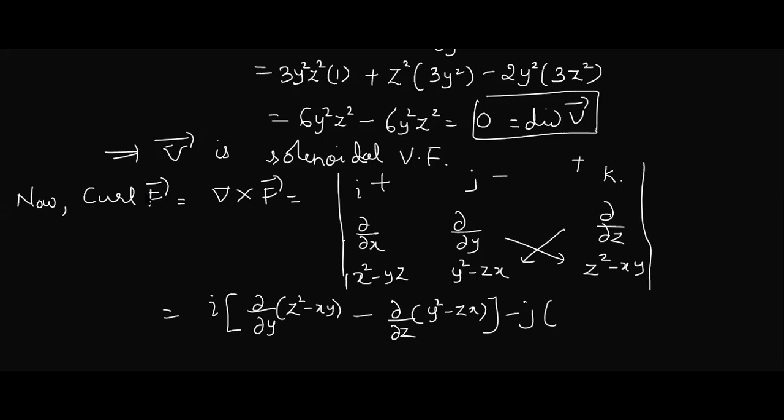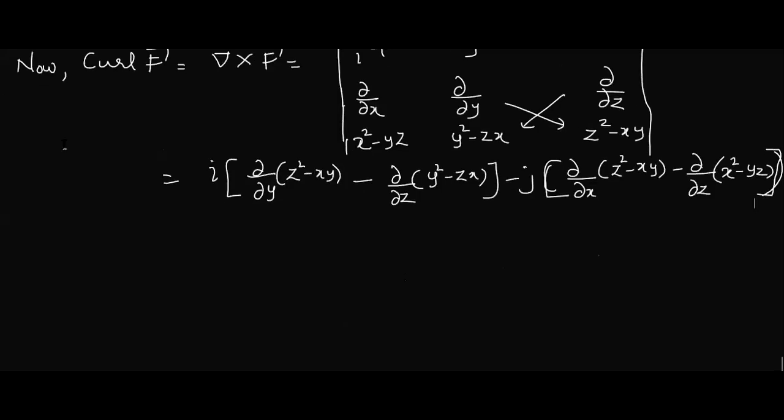Minus j into, leave the row and the column, dou by dou x operating on z square minus xy, minus dou by dou z operating on, please help me. What term? x square minus yz. I'm very happy that you are solving, but if you people are not helping me, it is difficult for me to write, isn't it?